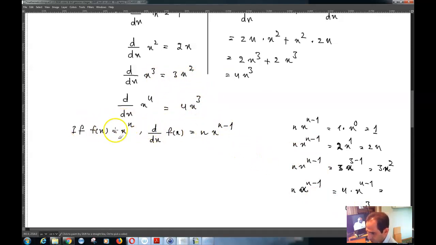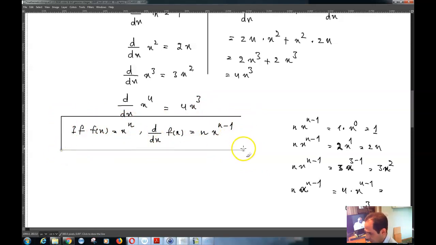So in general, if f of x is equal to x raised to the power n, then d by dx of f of x is equal to n times x raised to the power n minus 1, for any positive integer n.